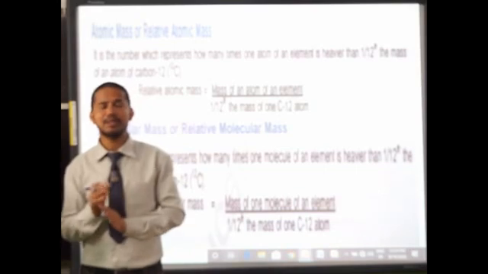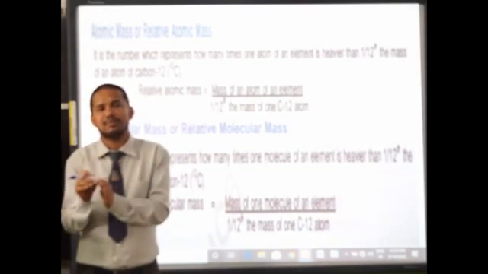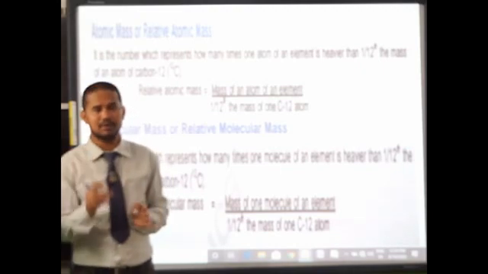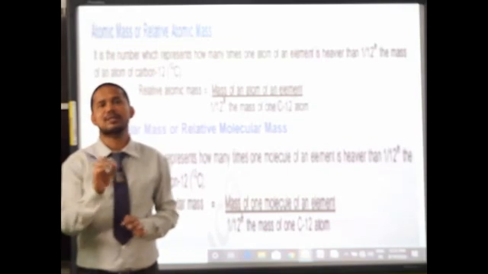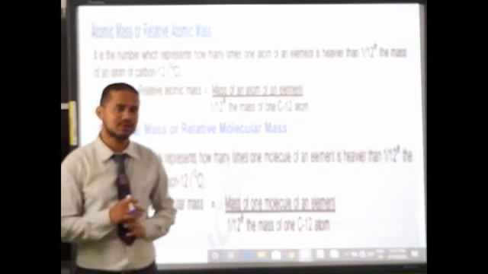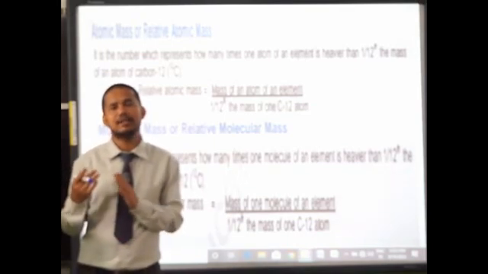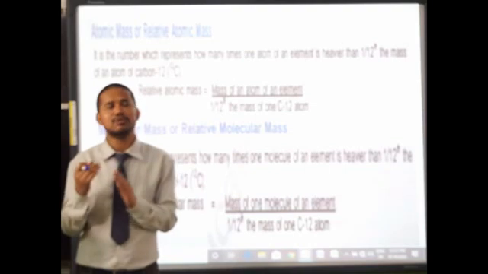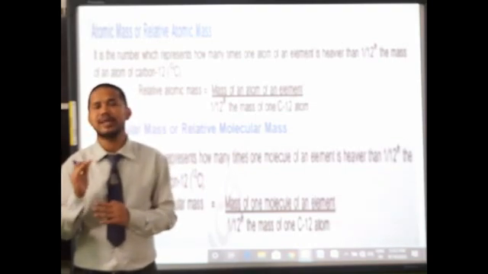Similarly, relative molecular mass is how many times a particular molecule is heavier than 1/12 part of a carbon-12 atom. For example, the molecular weight of carbon dioxide is 44 AMU.